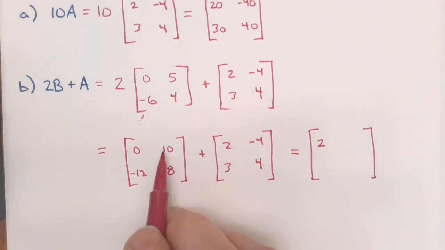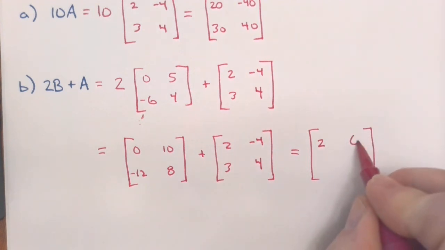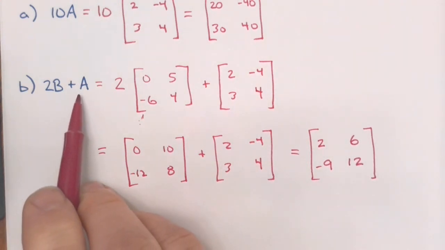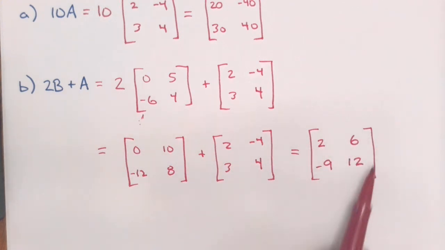Upper right-hand corner, 10 plus negative 4 is 6. Lower left-hand corner, negative 12 plus 3 is negative 9. Lower right-hand corner, 8 plus 4 is 12. 2 times matrix B plus matrix A would give us this 2 by 2 matrix for our final answer.